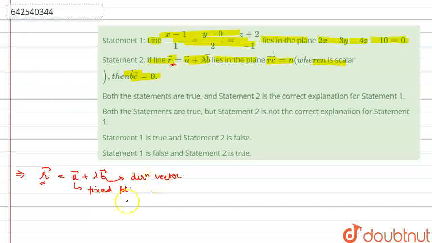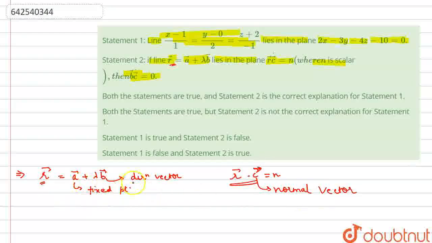And since this r vector lies in the plane r vector dot c vector equal to n, this form of plane represents that this is the normal vector.